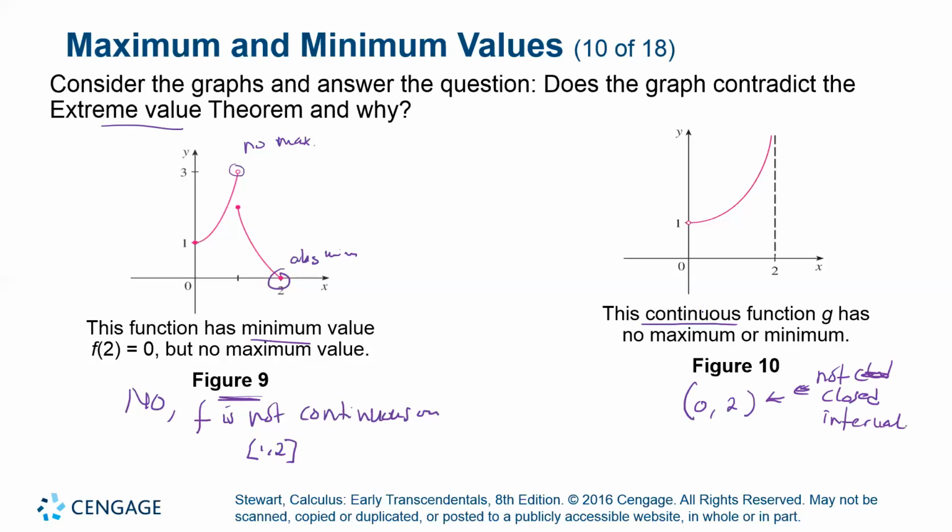Now, it is continuous. It doesn't have a maximum or a minimum because this value does not exist. It's continuous, this keeps going. Sorry about that.